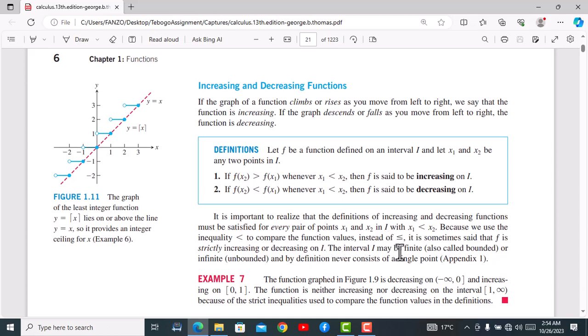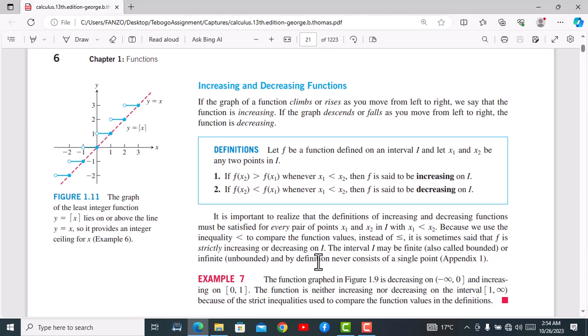The interval I may be finite, also called bounded. When it is bounded, we simply mean that we know the beginning and the end, so we have a closed interval. Or infinite and unbounded, so we have maybe negative infinity to positive infinity.